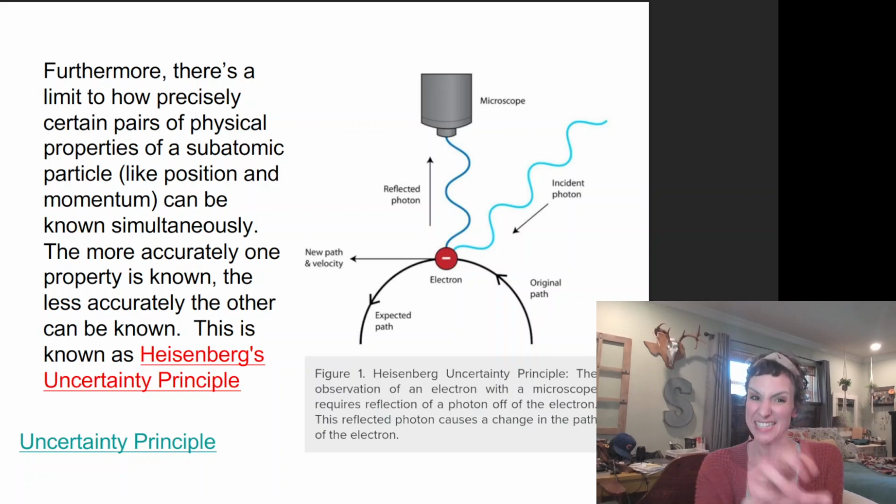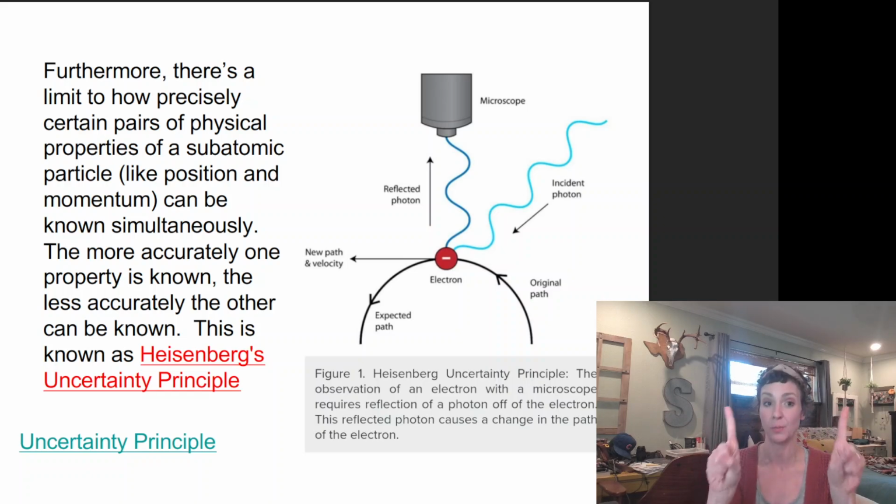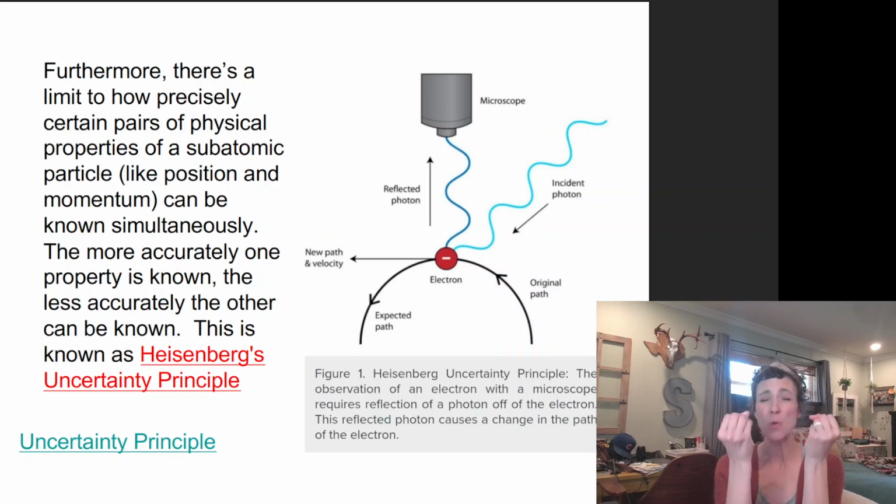So the second thing says that furthermore, there's a limit to how precisely two pairs of physical properties of a subatomic particle can be known simultaneously, like the position of a particle and the momentum, meaning how fast it's traveling. I have trouble looking at both of those things at once because the more accurately one of them is known, the less accurately the other one can be known.